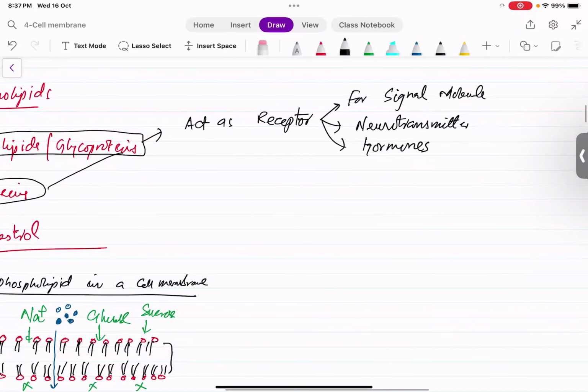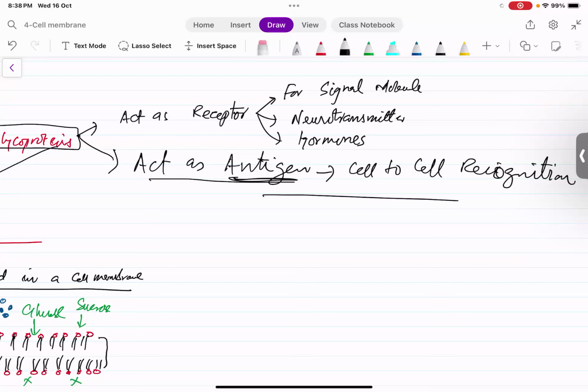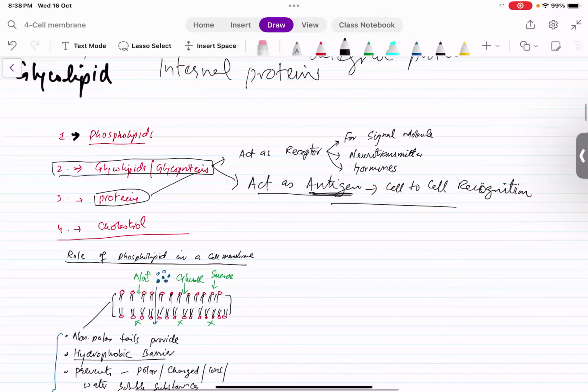These glycolipids, glycoproteins, and proteins may also act as antigens. We will discuss more about antigens and antibodies in the immunity chapter. So these antigens are recognized as non-self, and they help in cell to cell recognition. So this is the role of these glycolipids and glycoproteins.